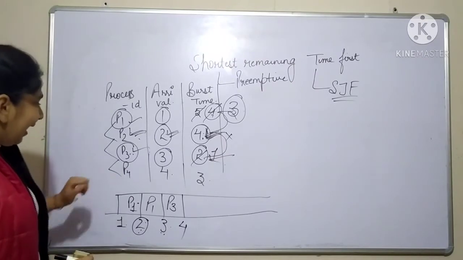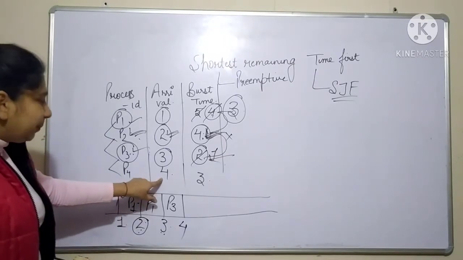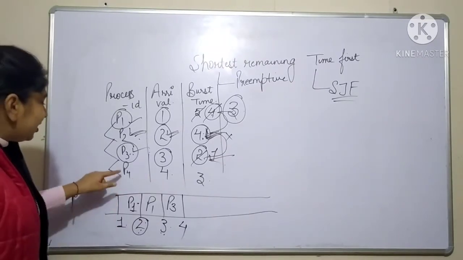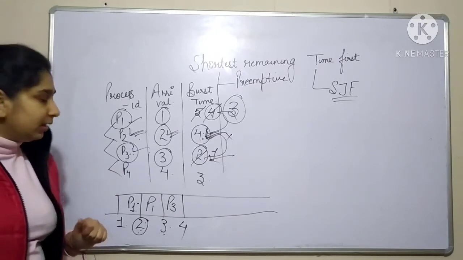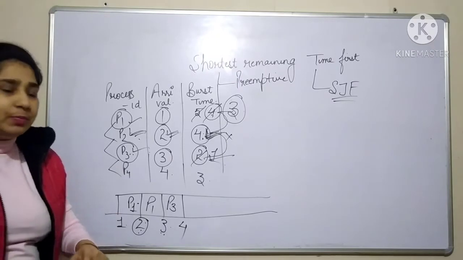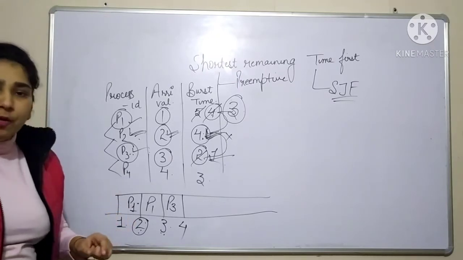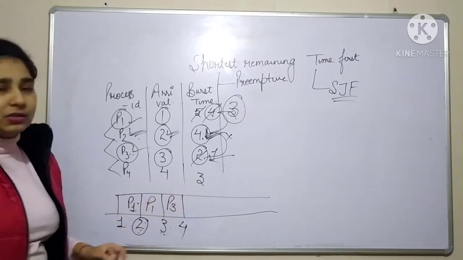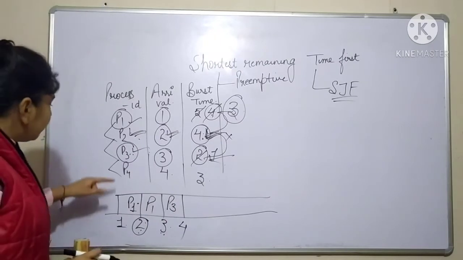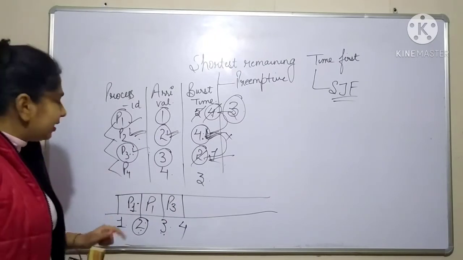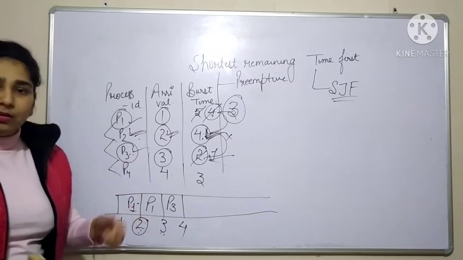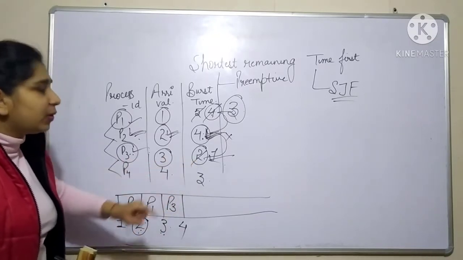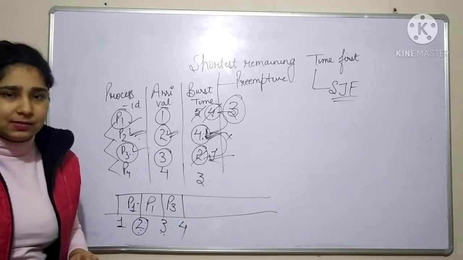Now if you look at P4, process P4 is also present in the main memory. If you check the burst time of process P4, its burst time is actually 3, which is larger than your currently executing process.